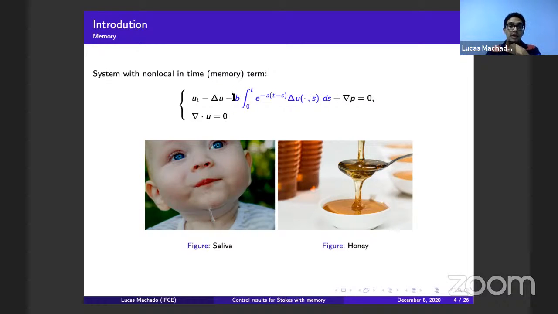And if B is different from 0, we have this nonlocal time term in blue here, called the memory term. We will consider B different from 0. This kind of equation can model viscoelastic fluids, for example blood, saline, paint, polymers.